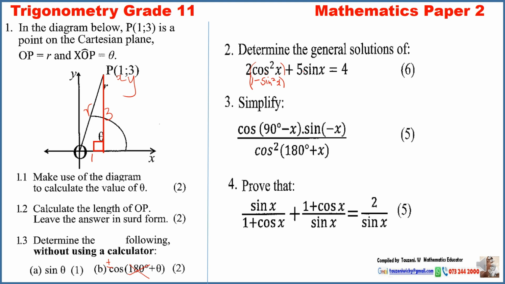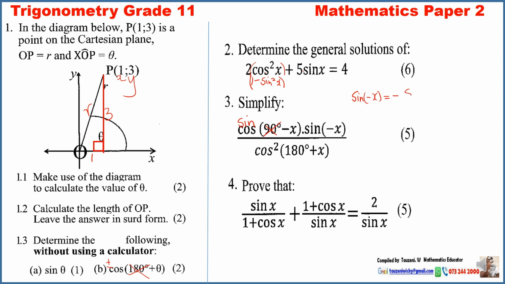Then we also discussed that if you see 90 degrees, the 90 degrees falls away and sine changes to cos and cos changes to sine. That is application of cofunctions. Then negative angles are in the fourth quadrant. So in the fourth quadrant, the negative for sin x does not go away because in the fourth quadrant sine is negative.